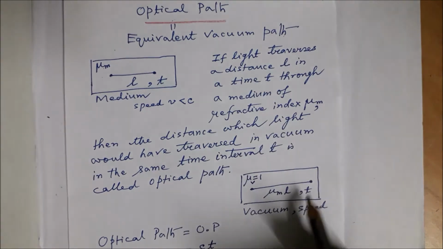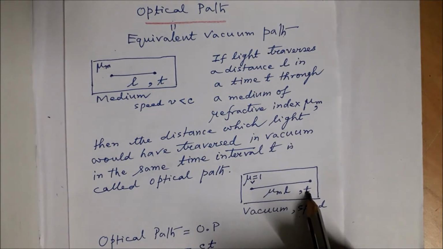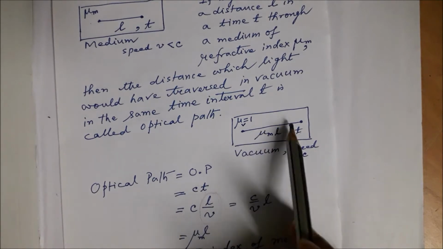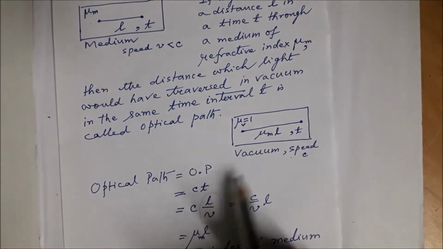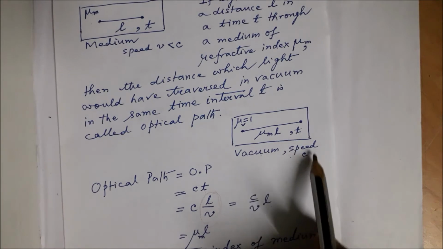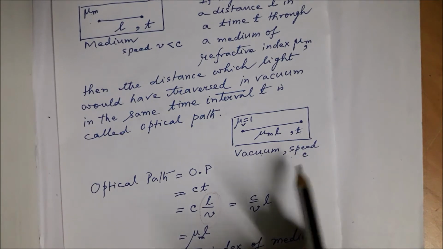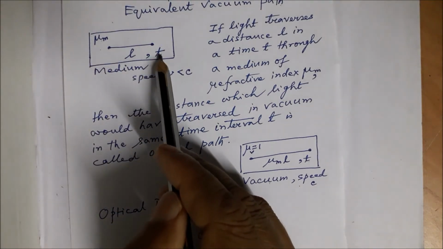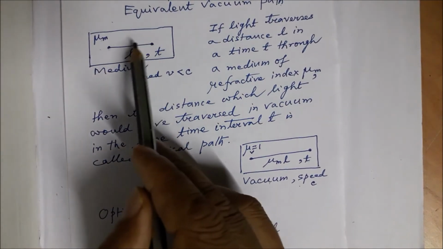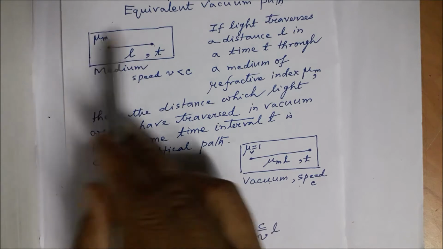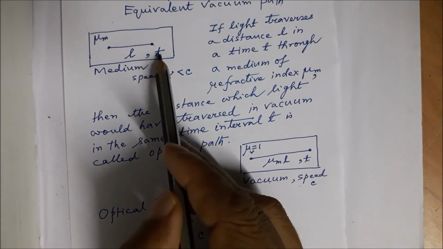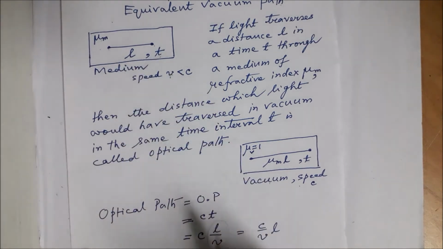Now in time t, light travels a distance ct in vacuum because in vacuum speed of light is c. Now since in time t light travels a distance L in this medium where the speed is v, it follows that t is L by v.